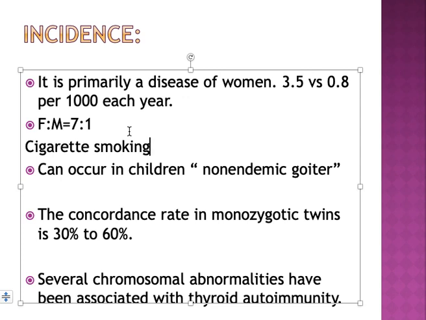And stress as well. They found that this condition is more common in people who have Down syndrome or Turner syndrome. Simply, it can be defined as chronic autoimmune thyroiditis.